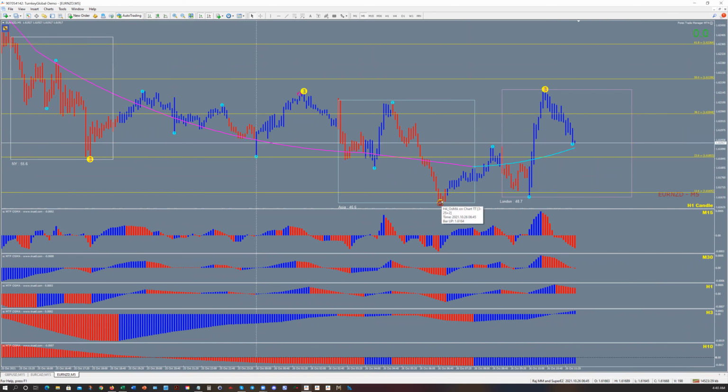Here the direction was not set, right? And you see the H10, you have the color. Here's your 2-ball on the 4-hour. What is the H10 showing you? H10 is still red, so you have to wait.